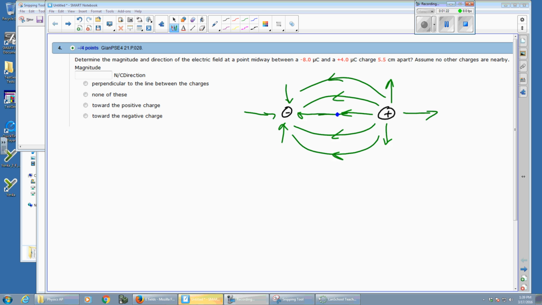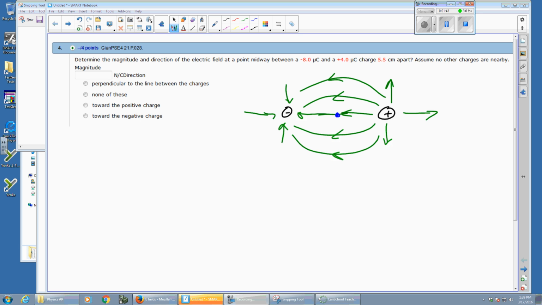So right here. It's going to have a contribution from the positive charge and a contribution from the negative charge, and they're going to be in the same direction vectorially, so their magnitudes are going to add together. Does that make sense? Okay.